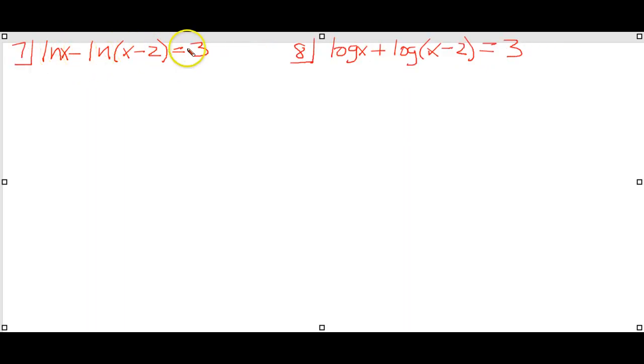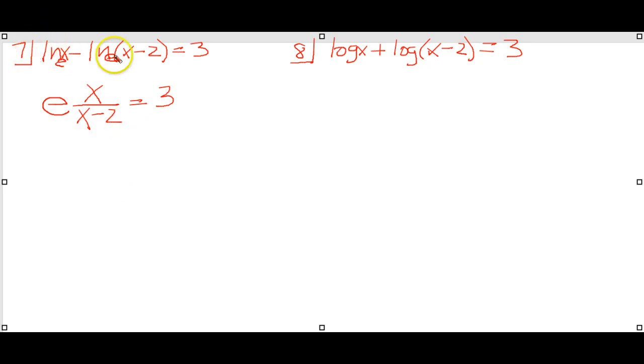Now, as we look at this one, it's natural log, so they're not writing the base in there, but we could. We could put a letter E in there, so that when we put it into its condensed form, it's letter E, and then this is going to be a fraction x over x minus 2 equals 3.